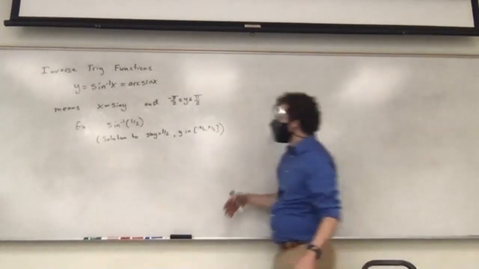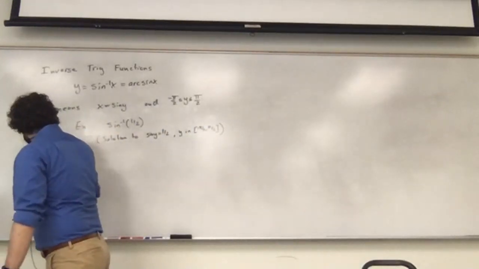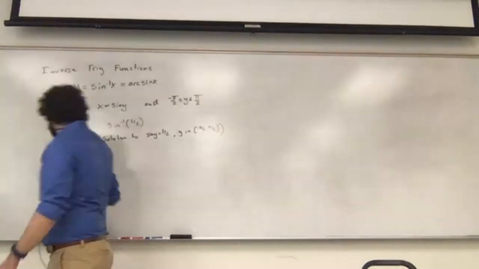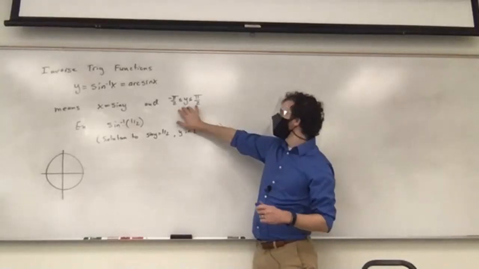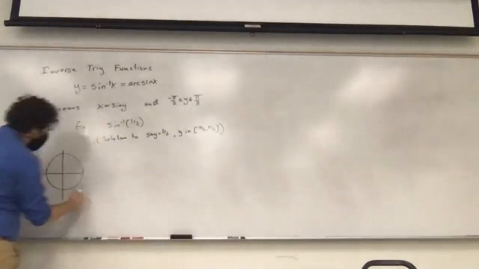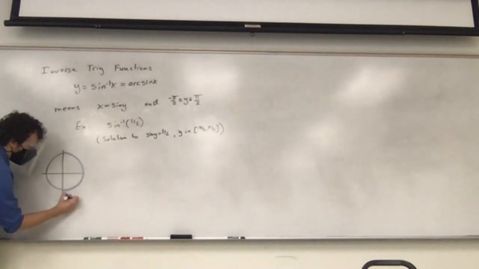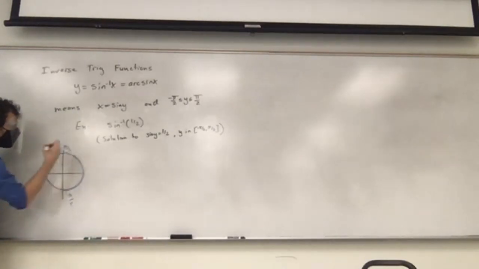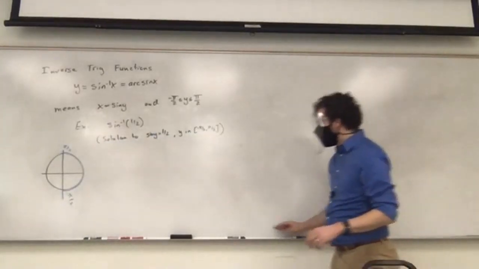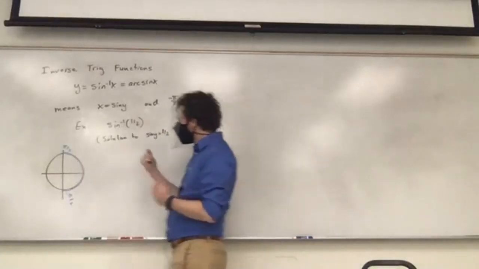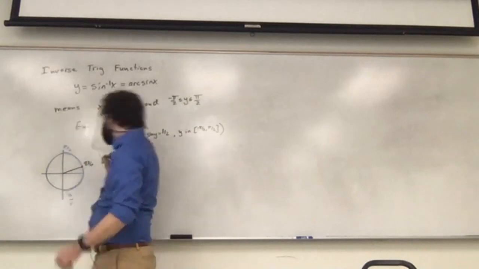If you look for that, it can be helpful to pull up the unit circle. These numbers, negative pi over 2 to pi over 2, are this right half. So we're looking at this part of the unit circle, from negative pi over 2 up to pi over 2, and we're looking for which angle in that range has a sine of 1/2. And actually, that turns out to be pi over 6.